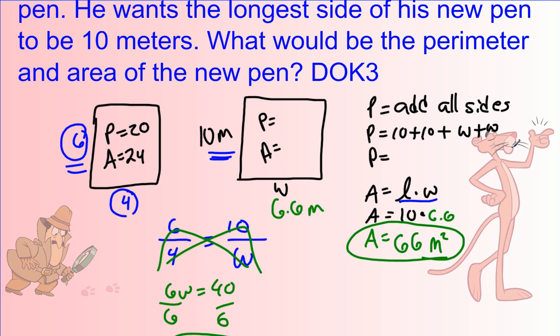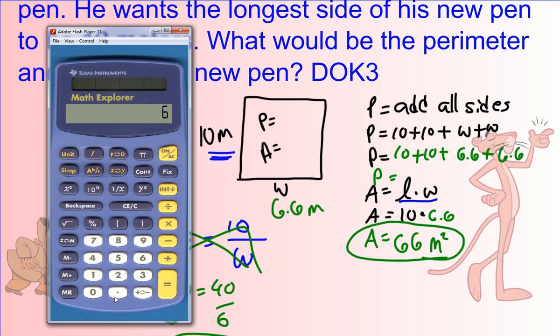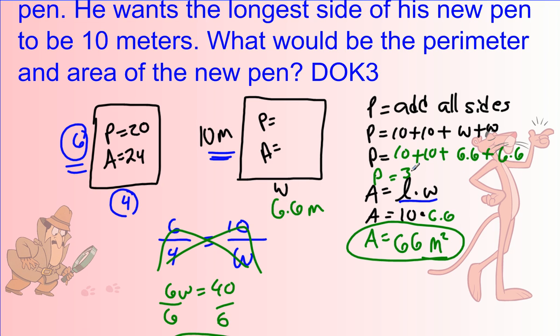The perimeter, if I plug in 6.6 for the width, so 10 plus 10 plus 6.6 plus another 6.6, gives me a perimeter of, let's calculator this thing, 6.6 plus 6.6 plus 10 plus 10 equals 33.2 meters. So the perimeter would be 33.2 meters, and the area would be 66 meters squared.